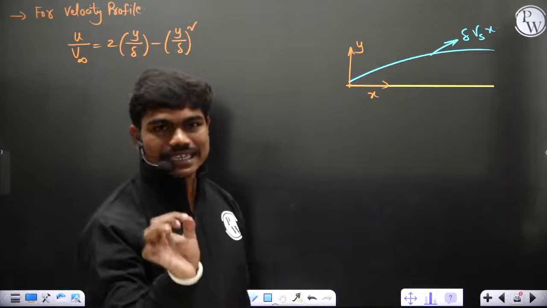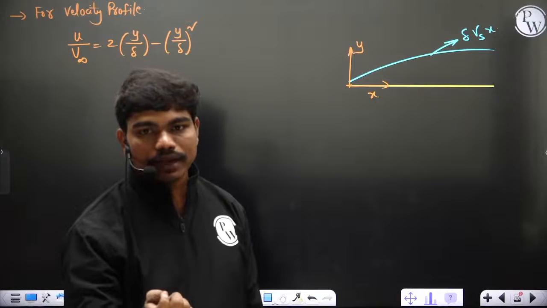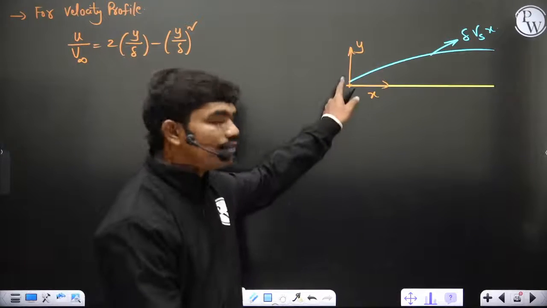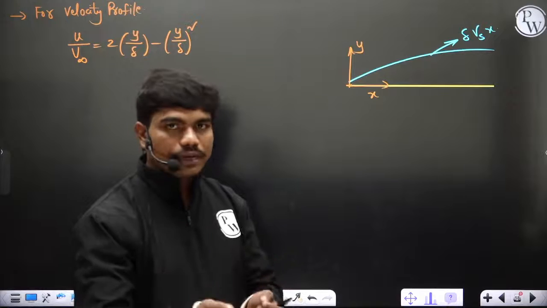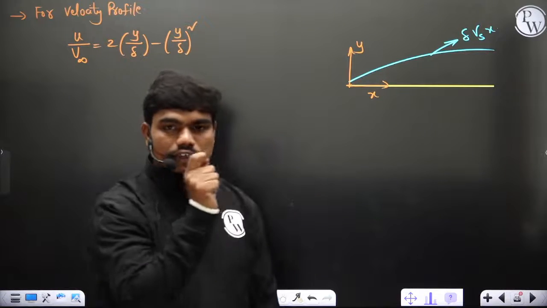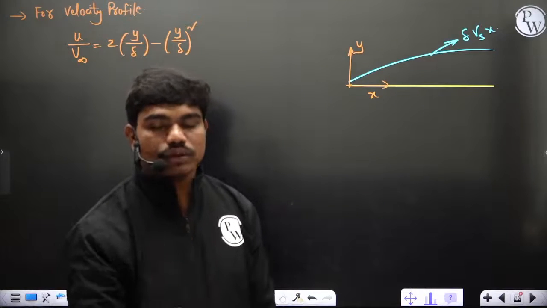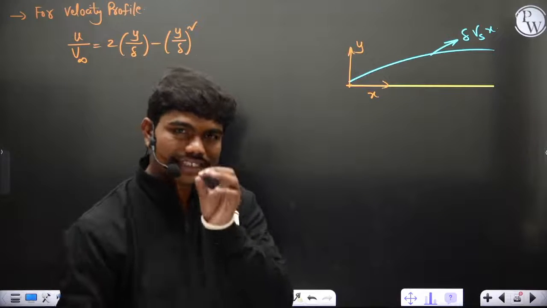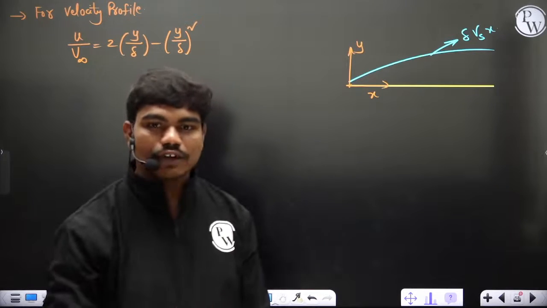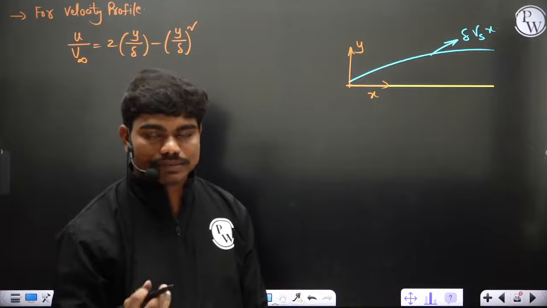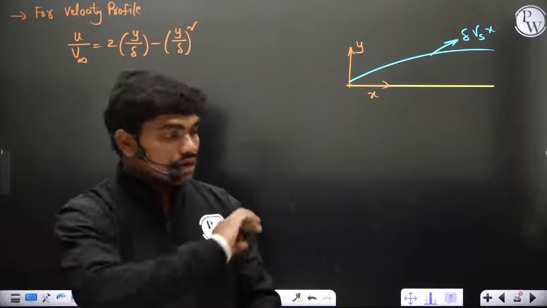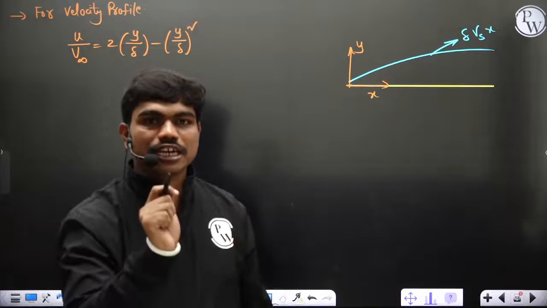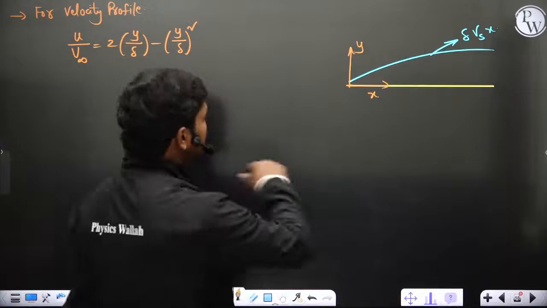But exactly at x equal to 0, it's a point of singularity. If you put x equal to 0, you won't get mathematically any value. Since in the right limits it is very small, we loosely write that at x equal to 0, delta is equal to 0. But mathematically, whatever boundary layer analysis you are doing gives a singularity. Anyway, you can check later.